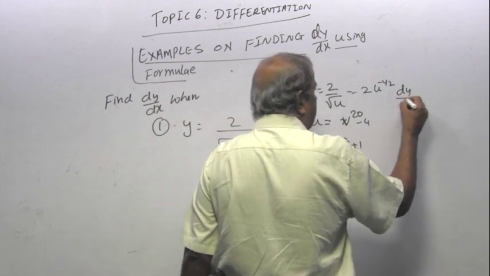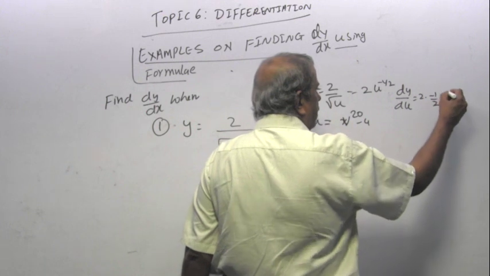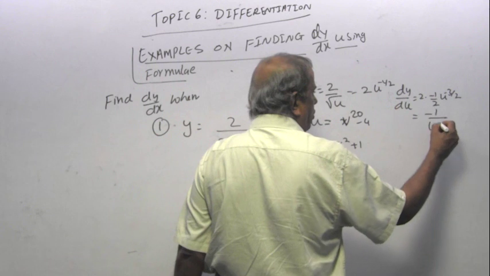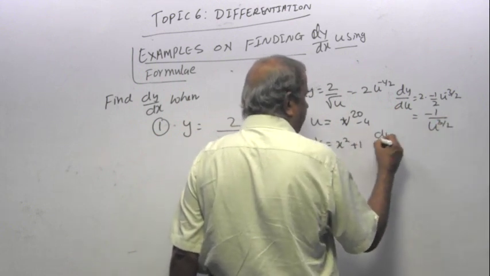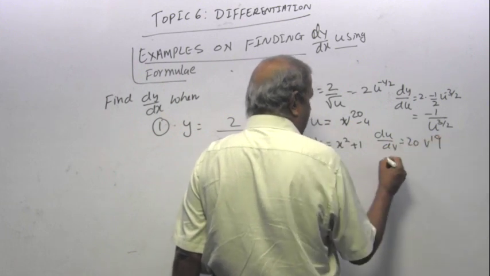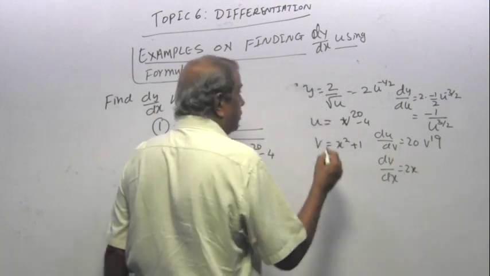So dy by du equals 2 times minus half u power minus 3 over 2, which is minus 1 over u power 3 over 2. What is du by dv? It is 20v power 19. What is dv by dx? 2x.